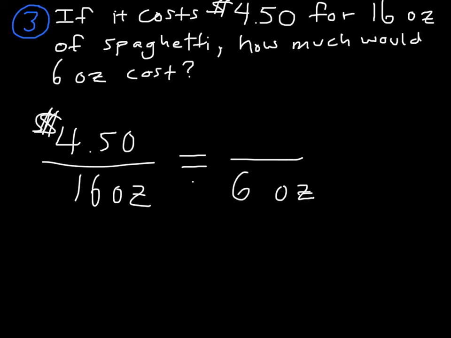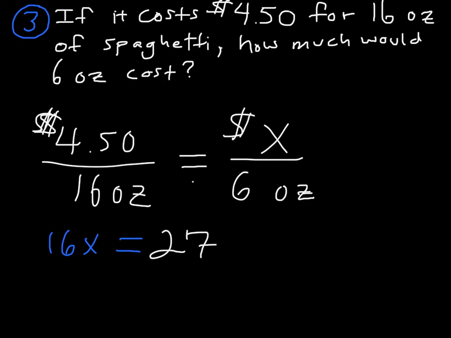All right, and now, since we don't know what this is, you can use a variable. I like x. And then, do you remember how we solve a proportion? We cross multiply. So we'll have 16x equals 4.50 times 6, which is 27.